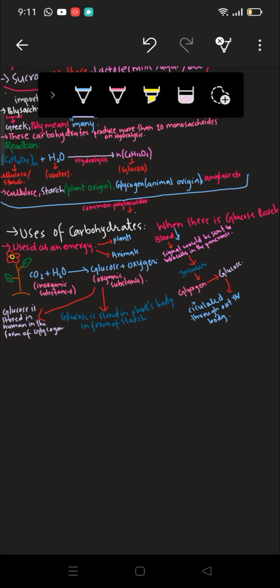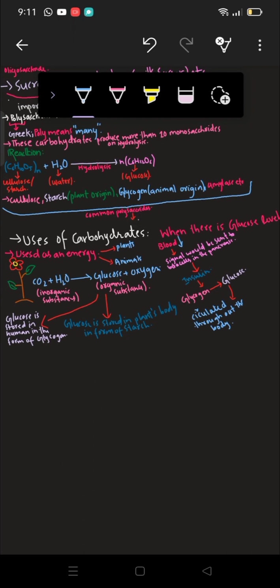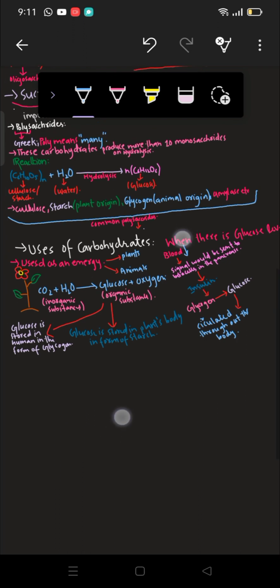Again, if we need glucose, that glycogen will be converted into glucose by the help of insulin. So here are two factors, glucagon and insulin. Insulin converts glycogen into glucose when the glucose level is low, and when the glucose level is high, glucagon is released from the alpha cells and converts glucose into glycogen. I hope this is clear.